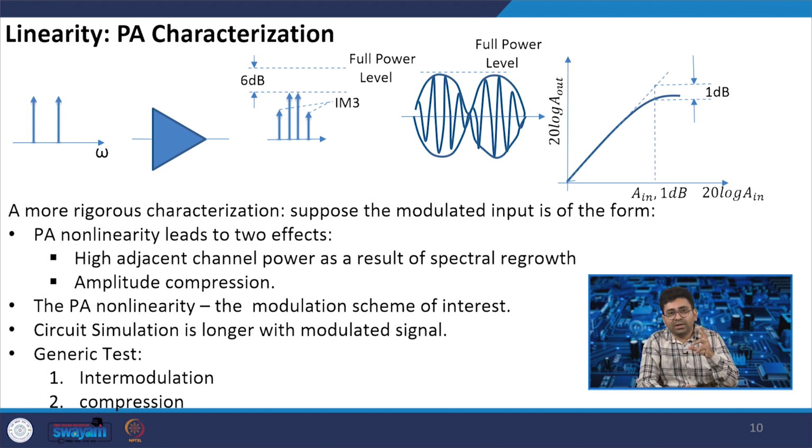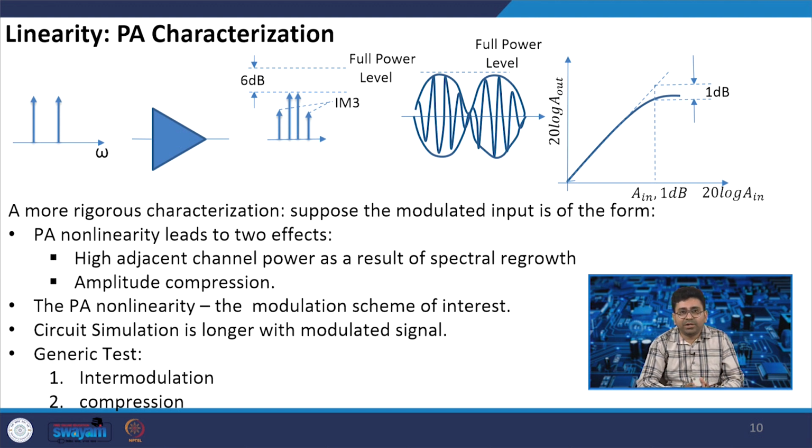Because of the modulation, when there is a non-linearity in the power amplifier, there is a high adjacent channel power which results in spectral regrowth, and we already have seen how the spectral regrowth happens when we discussed the basics of communication. And another is the amplitude modulation.